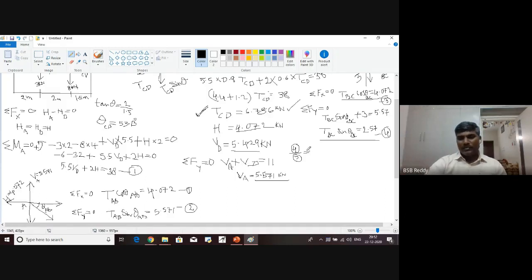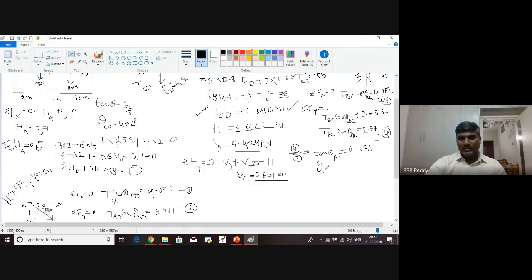So TBC cancels. Sine theta by cos theta is tan theta BC, which is equal to 2.57 divided by 4.072, is 0.631.